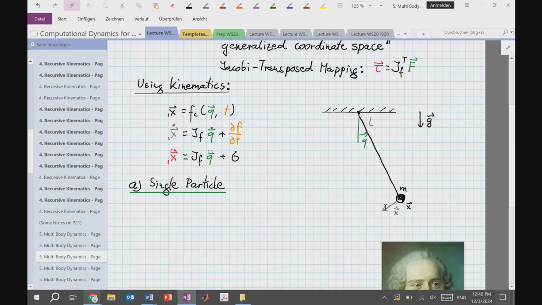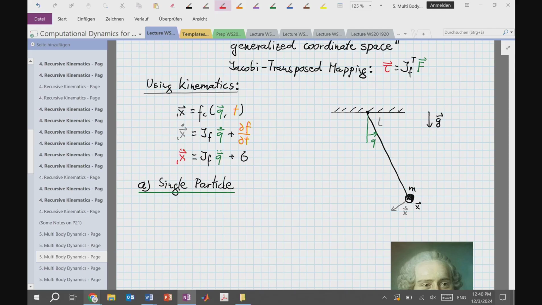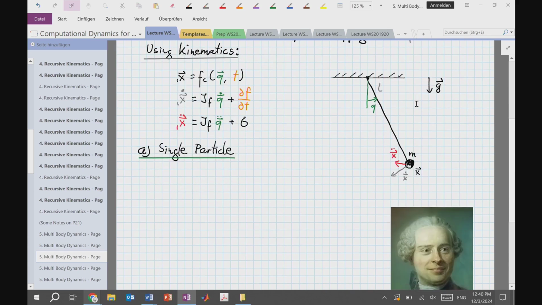But since I have gravity, I know that this pendulum is basically going back and forth, so there must be some acceleration tangential to the arc that it's moving on. And in this case, we would probably get both. So maybe something like this is the acceleration x double dot of our little particle.